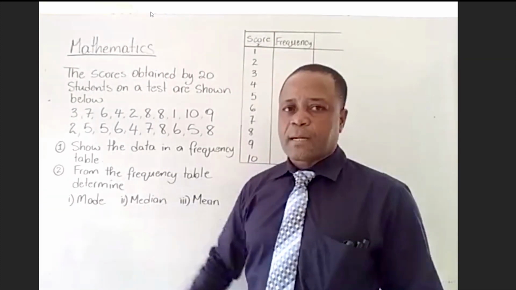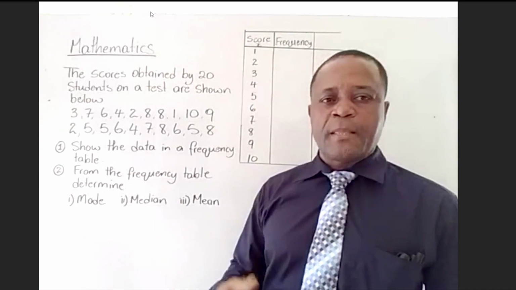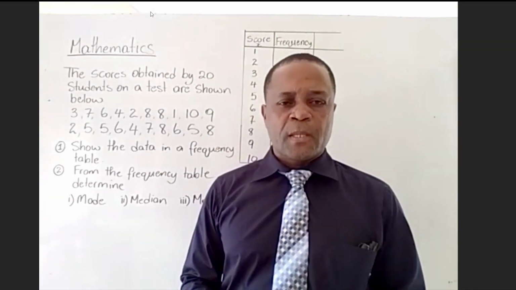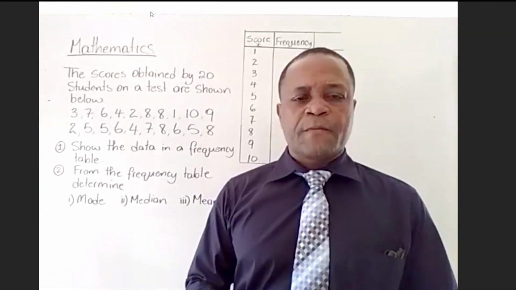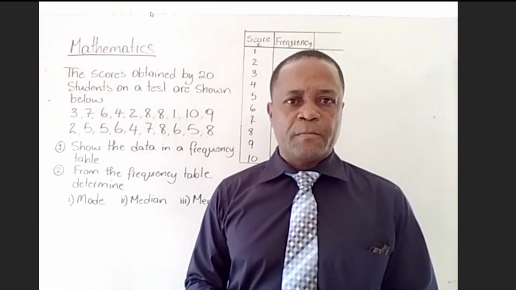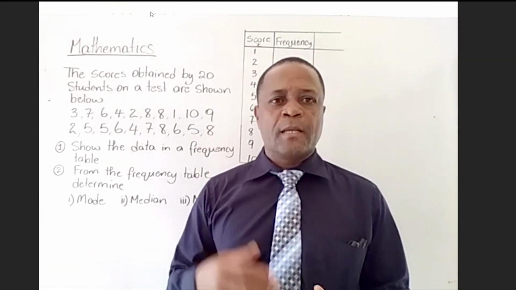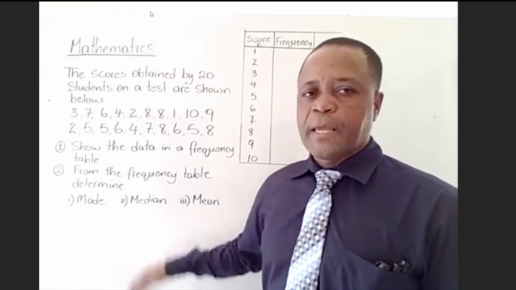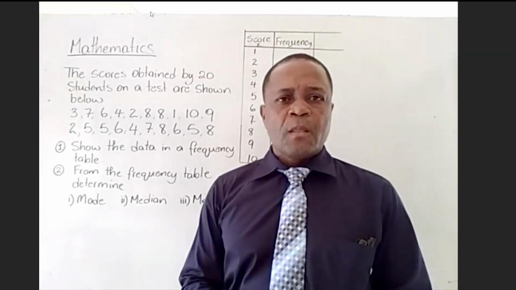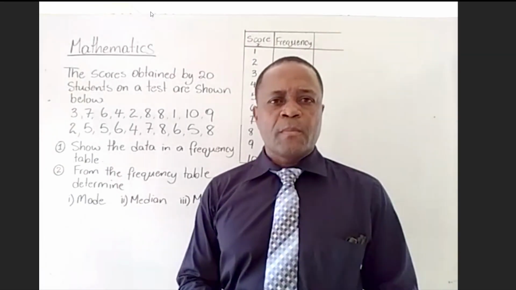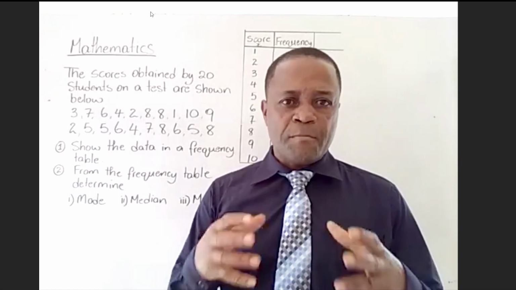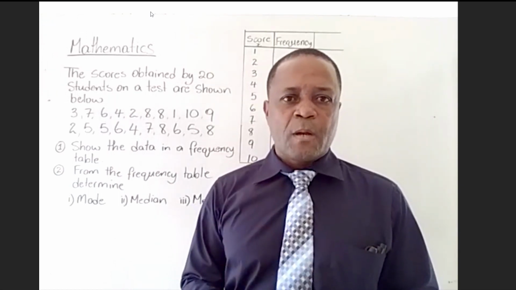Now, let us just look back at the mode, the median, and the mean. We know that the mode speaks to the most frequently occurring value. The median is our central measure, the middle value.